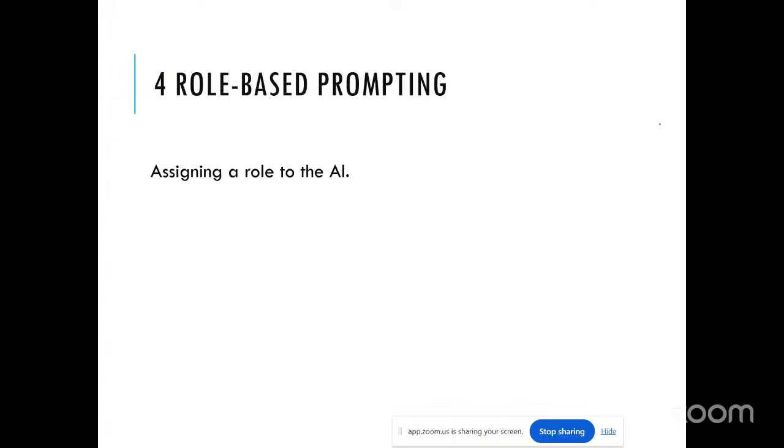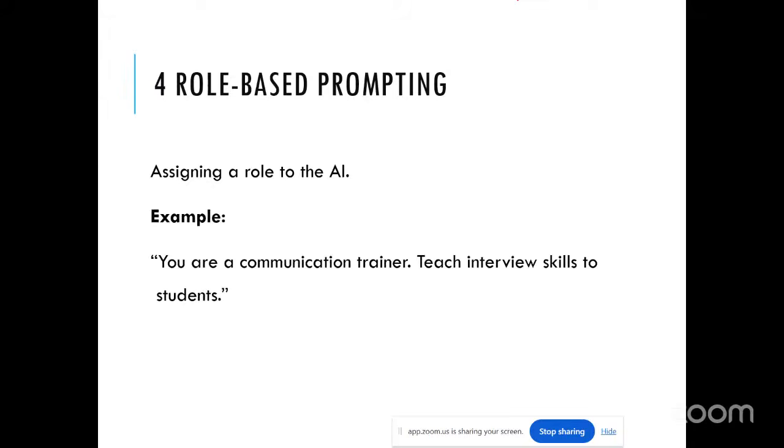Fourth one is role based prompting. So from this you can understand role based, assigning a role to the AI, act as a teacher, act as an HR manager, or I'm a trainer. So you're giving your designation, you're giving your role. Okay, see here, you're a communication trainer, teach interview skills to students.